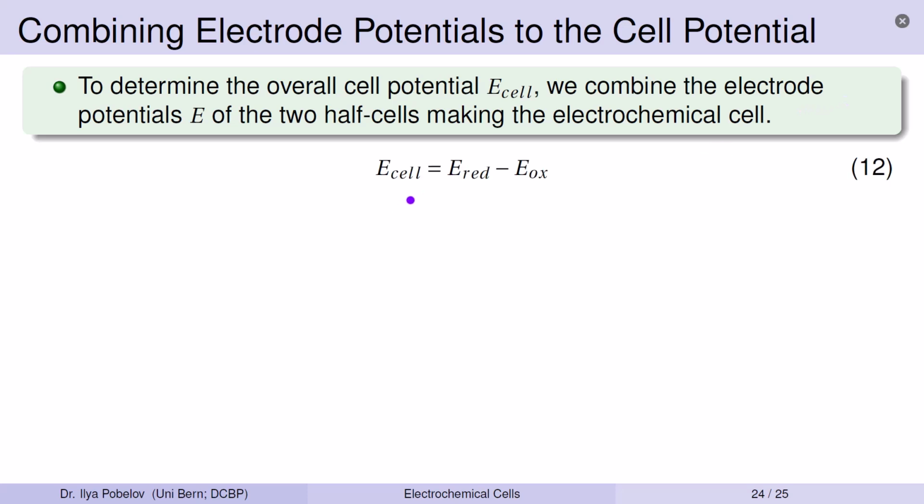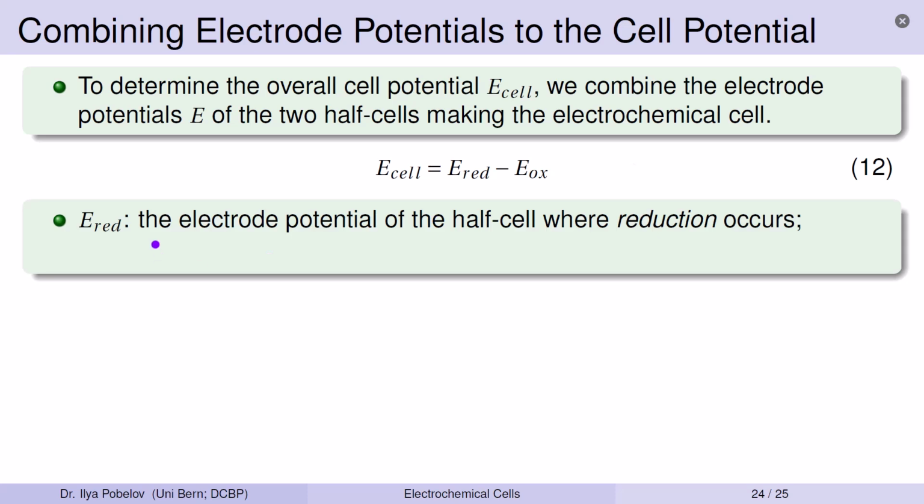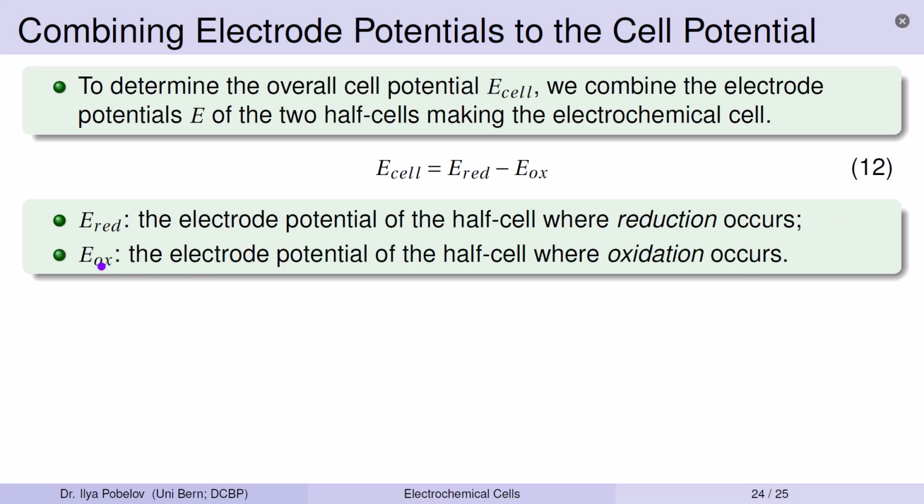This is done using the equation E cell equals E red minus E ox. In this equation, E red represents the electrode potential of the half cell where reduction occurs, and E ox is the electrode potential of the half cell where oxidation occurs.